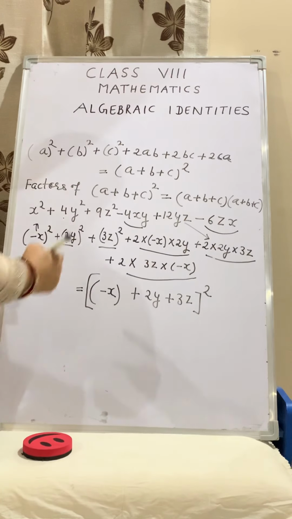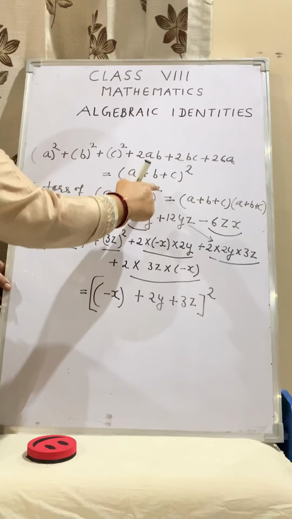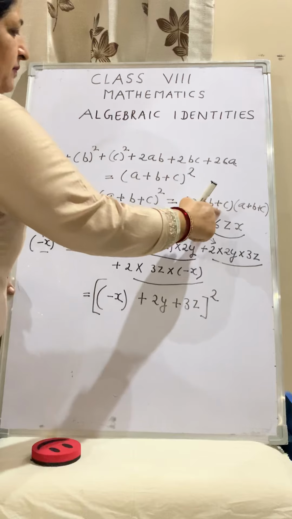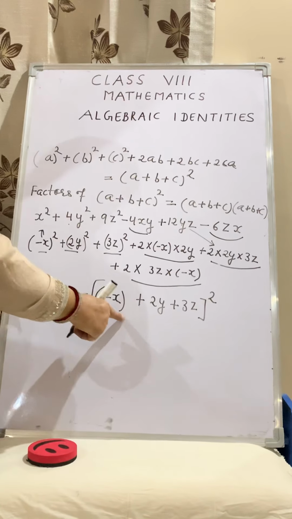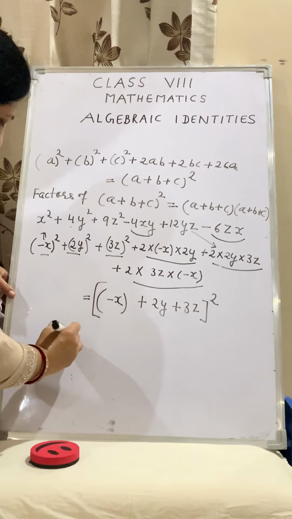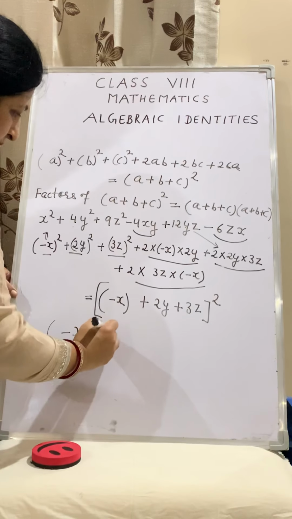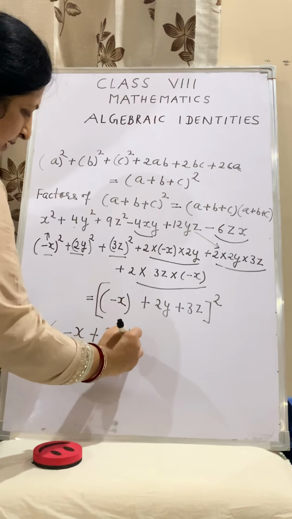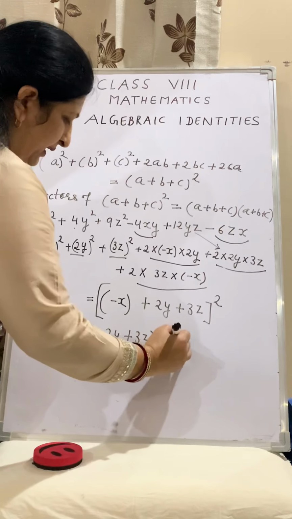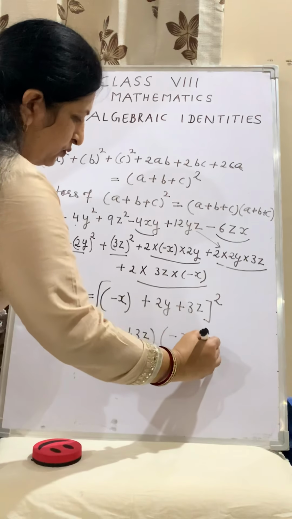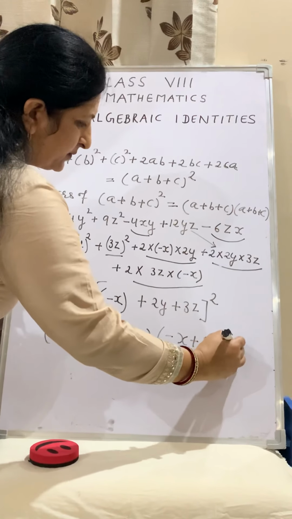And the factors of a plus b plus c whole square are a plus b plus c, a plus b plus c. So we have to write it down 2 times. The first factor is minus x plus 2y plus 3z. And the second factor is also minus x plus 2y plus 3z.